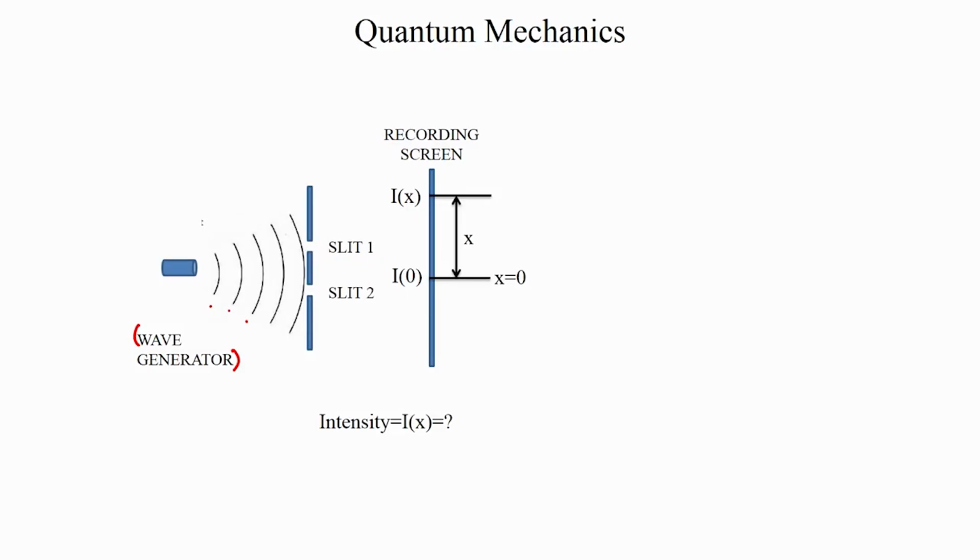Once again we need to keep a recording screen, and we want to record the intensity of the wave observed on the screen. And we want to find out how the intensity varies with x.